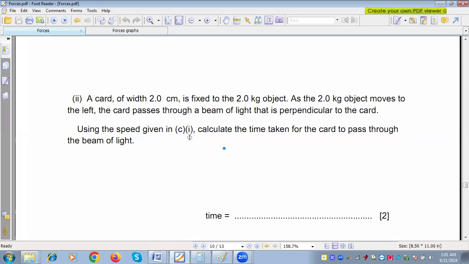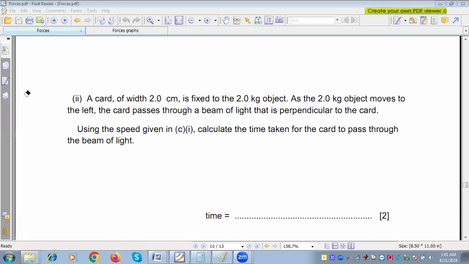Using the speed given in part (c)(i), that is 3.2 meter per second, calculate the time taken for the card to pass through the beam of light. So the card has a width of 2 centimeters, so centimeter is to be converted into meters. It moves to the left with the constant speed, and it cuts the beam of light. So calculate the time taken by that card to pass the beam of light.